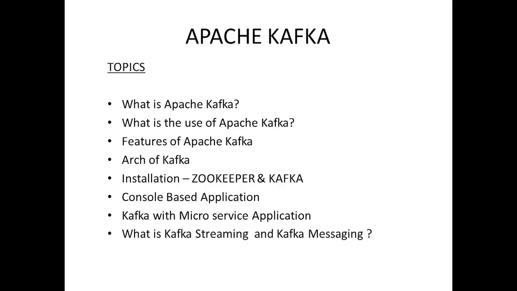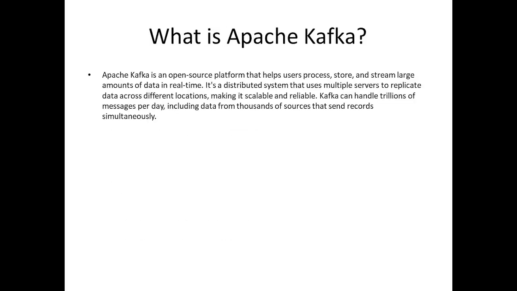Now let's see what is Apache Kafka. As a definition, Kafka is an open source platform that helps users process, store, and stream large amounts of data in real time. It's a distributed system that uses multiple servers to replicate data across different locations, making it scalable and reliable.